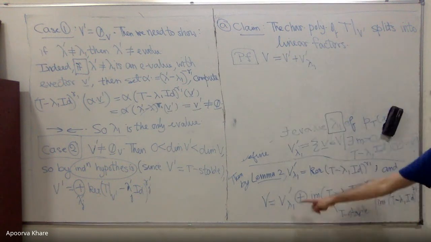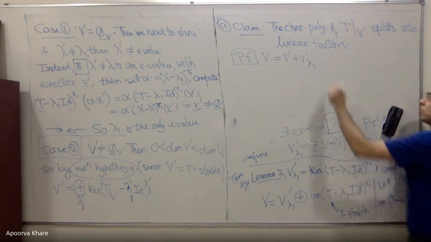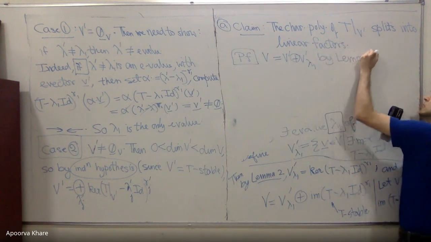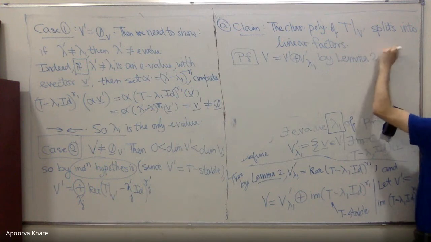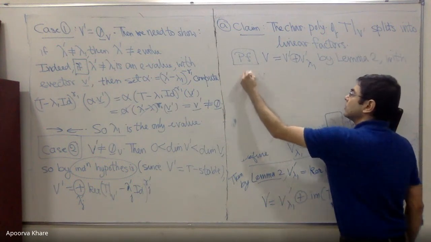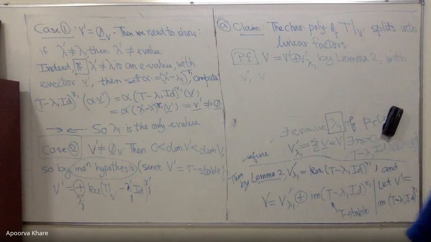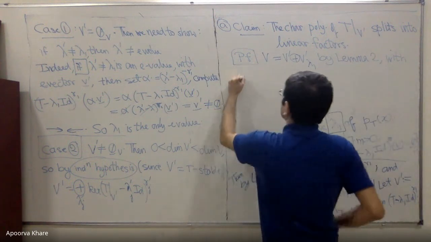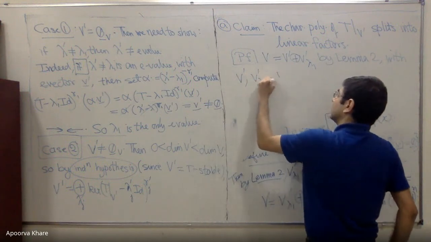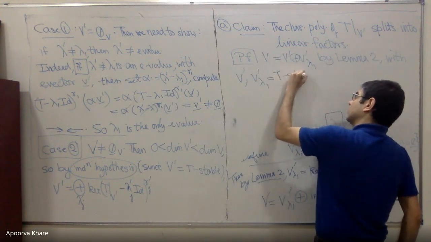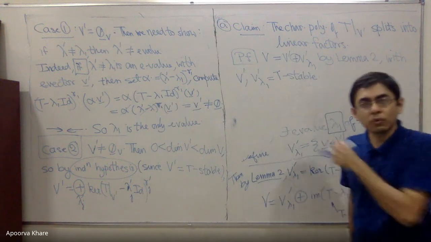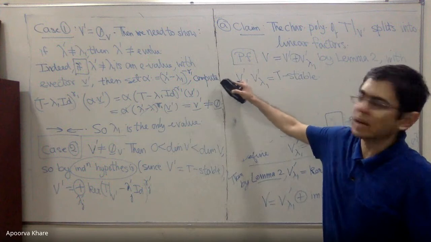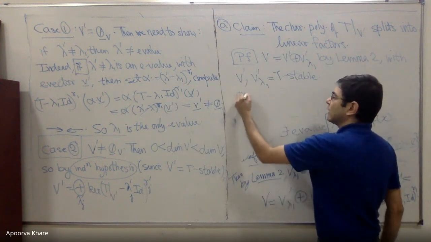V prime plus V prime lambda 1, by lemma 2, a direct sum. With V prime, I need to start with a pen probably. So how does the matrix of this thing look? With respect to any ordered basis, take an ordered basis of V prime and another ordered basis of V lambda 1.